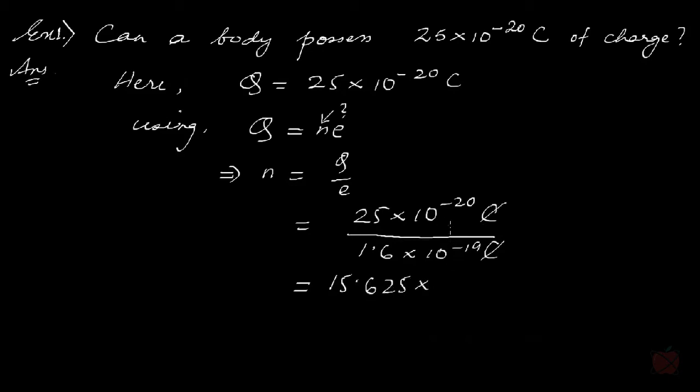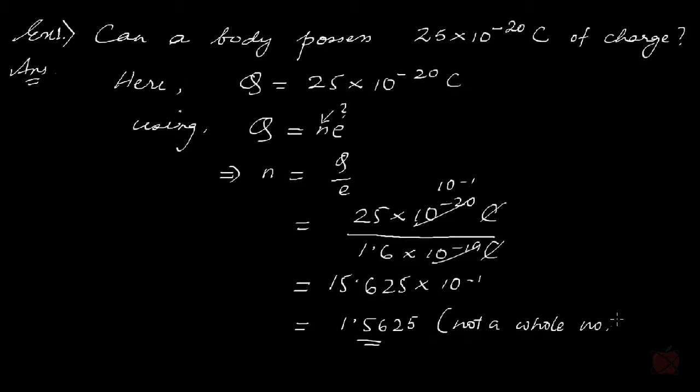Now, 10^-20 and 10^-19 give 10^-1 × 10^-1, so this comes out to be 1.5625. Is this a whole number? Not a whole number. So can the body possess this amount of charge? No, it cannot possess that amount of charge.